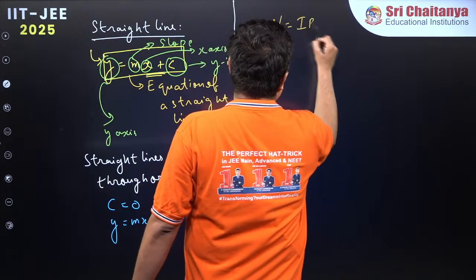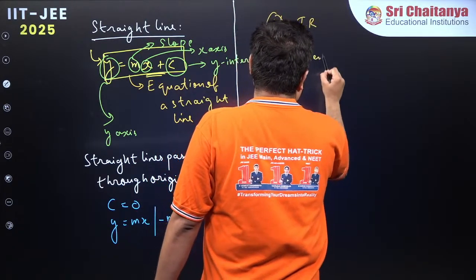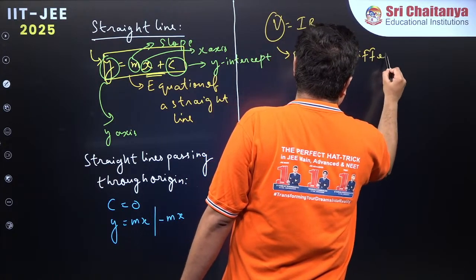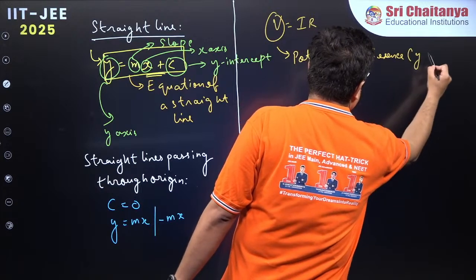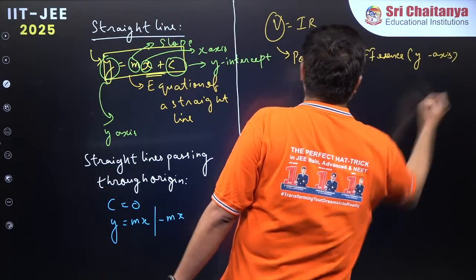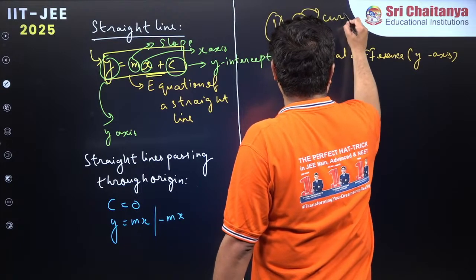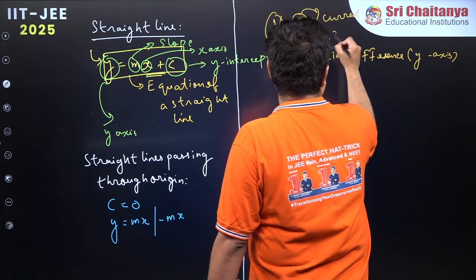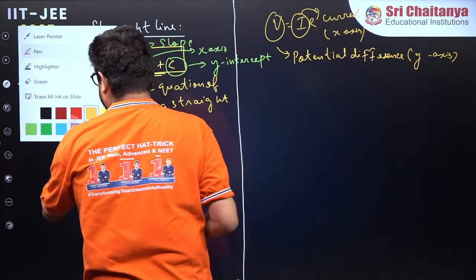So now can I say that the potential difference V is a parameter which we are plotting along the y-axis, isn't it? And I is electric current which is being plotted along the x-axis, isn't it? And what is going to be the slope?